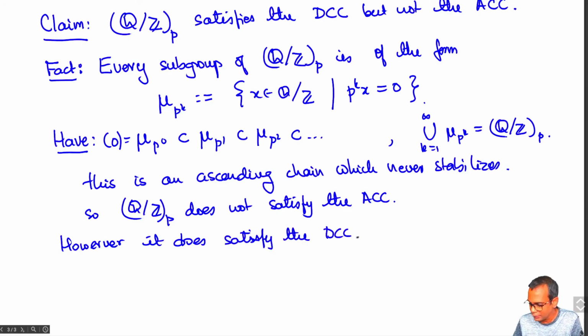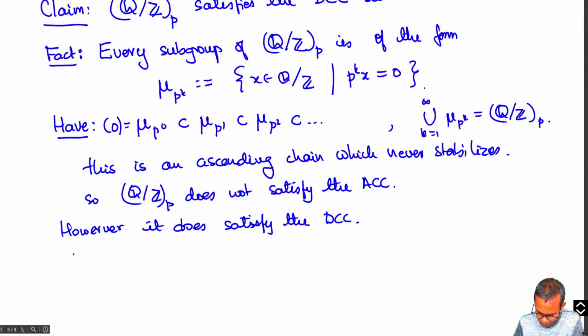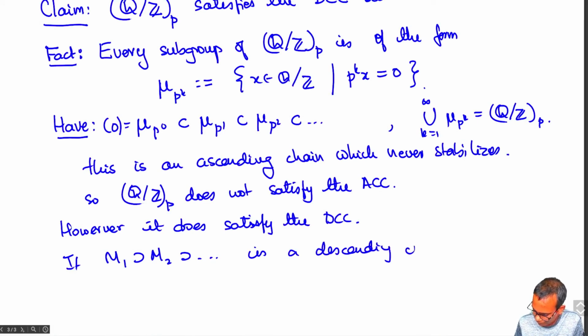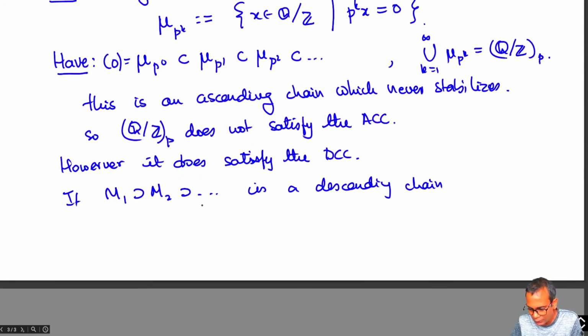And for this we'll argue as in the case of integers. Suppose you have a descending chain. Well, it could be that all the entries of this chain are the full group, the full module itself.